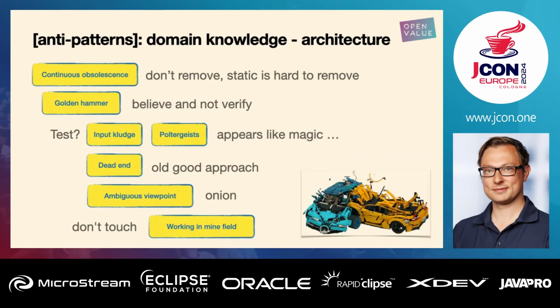So, the anti-patterns that may reside in the domain knowledge, do you remember the arrow? They are very hard and may be extremely expensive to remove. As I mentioned, any line of code you write, you need to maintain.